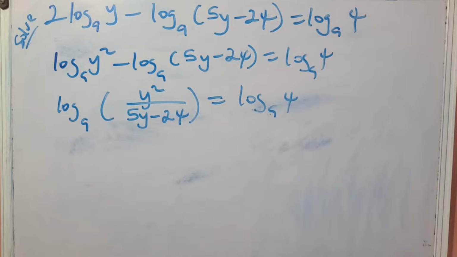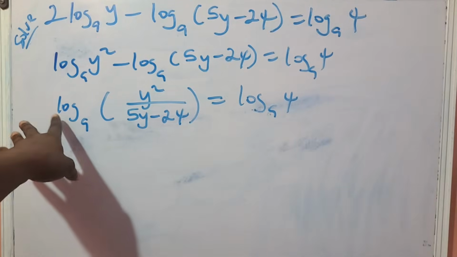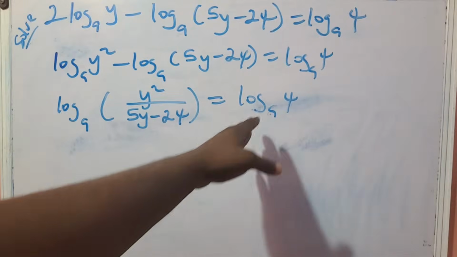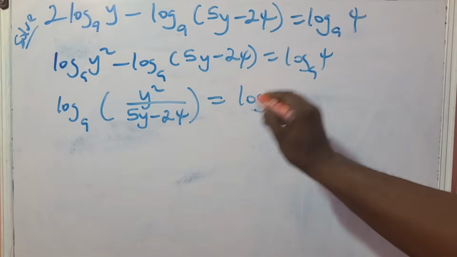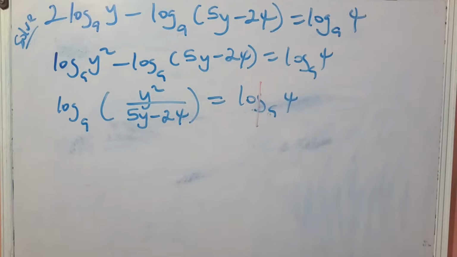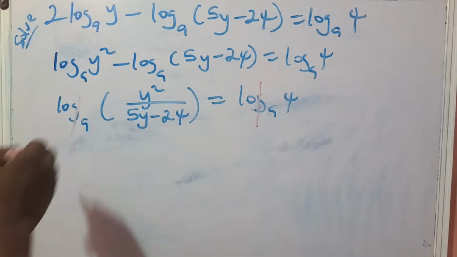This is quite direct. It is the same concept under logarithm that I talked about: if you have these two things equal to each other, you can cancel the log out.